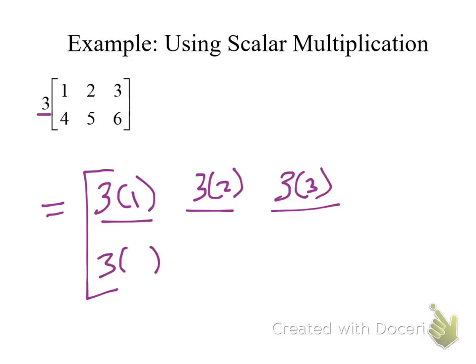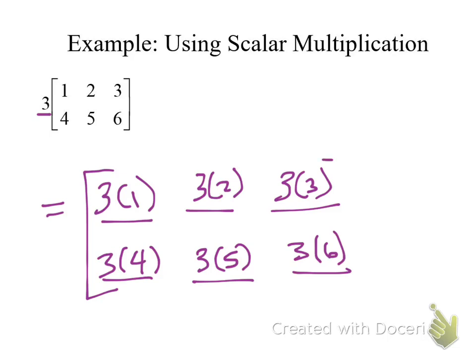And in the bottom row, I have 3 times 4, 3 times 5, and then 3 times 6.